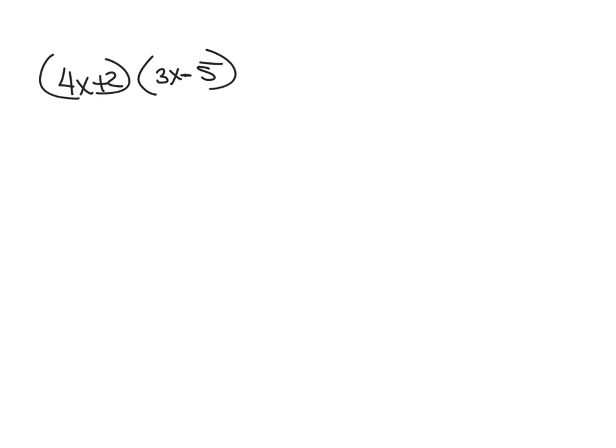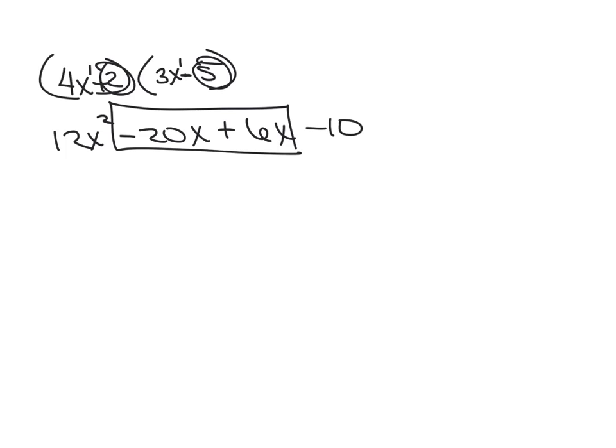Going to multiply our first ones and get 12x squared, because x to the first times x to the first is x squared. Now we're going to do our outside, 4x times negative 5. Now our inside, and then our last.